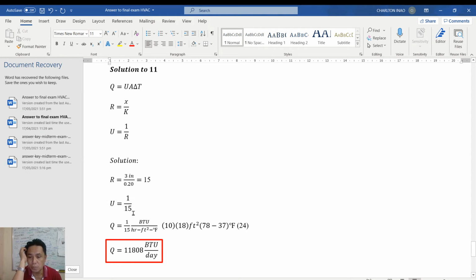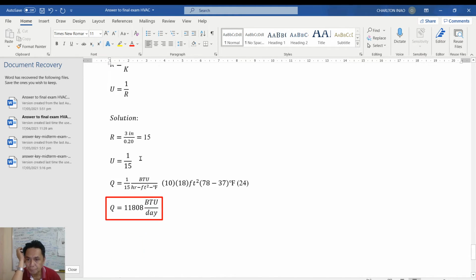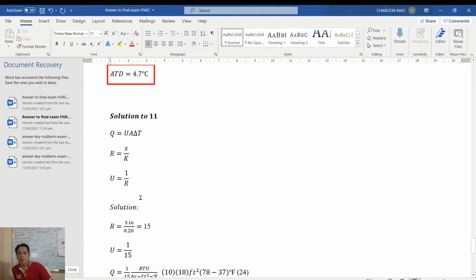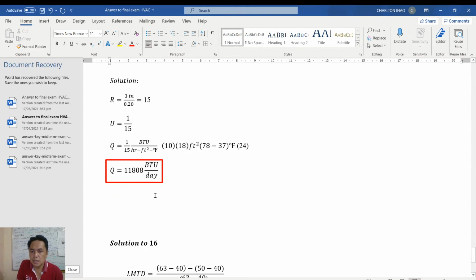So U is 1 over 15 now, because there's an inverse relation between U and the resistance, right? U is 1 over R. So here there's an inverse relation. Okay, so now we're gonna have the Q in another problem.